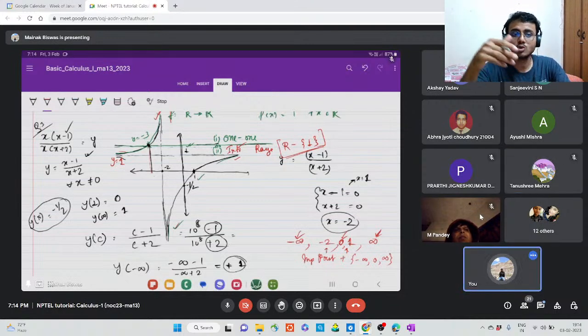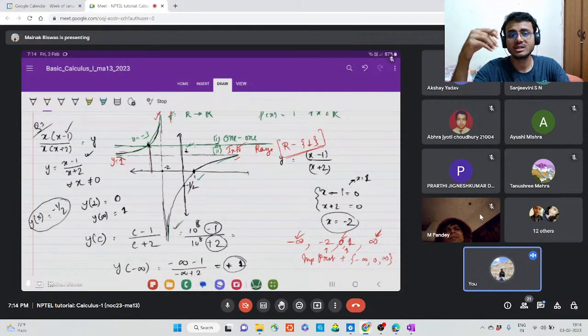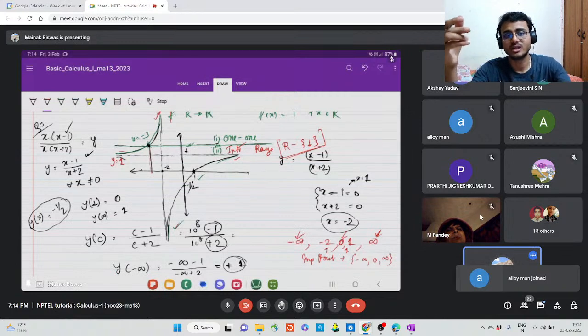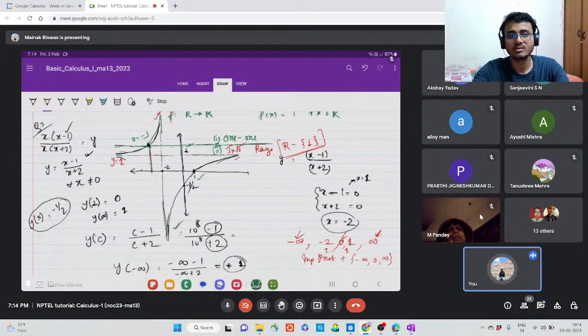So at minus 2, you see it's not defined. So take very small values close to minus 2 on both sides. If it is on the right side of minus 2, you add 2, it goes to a positive range. So you divide by that and you get a positive number, right? That is anything towards the right of it. Anything towards the left of that, you get a negative number, right?